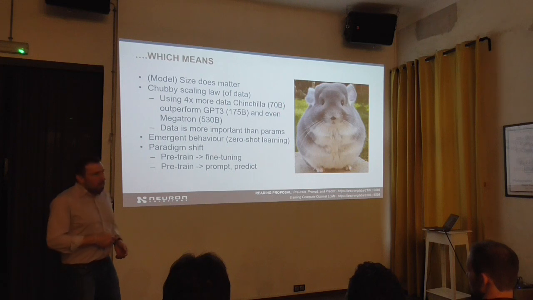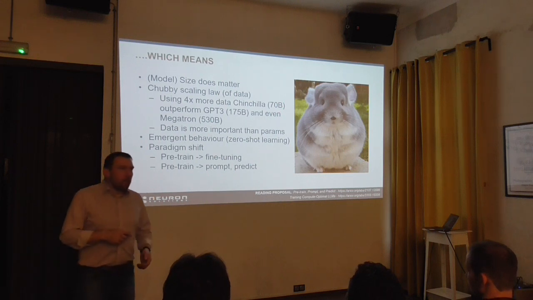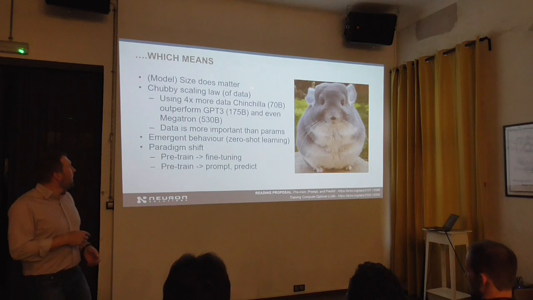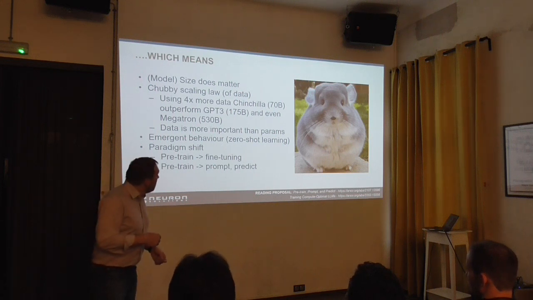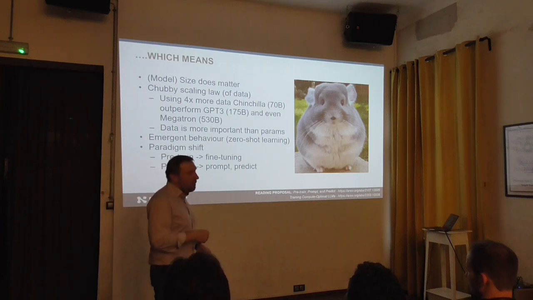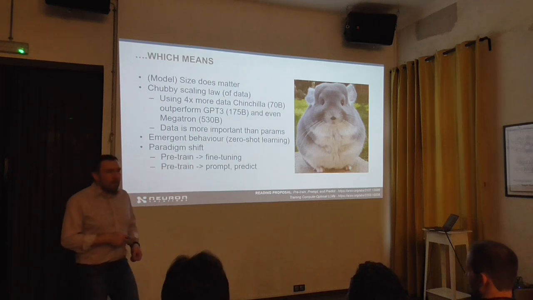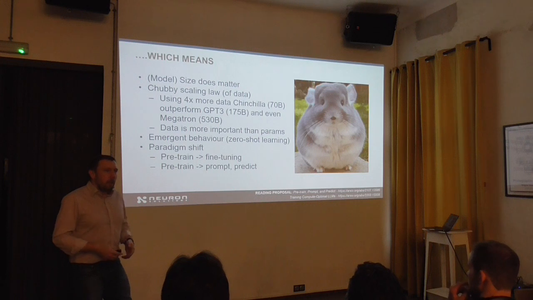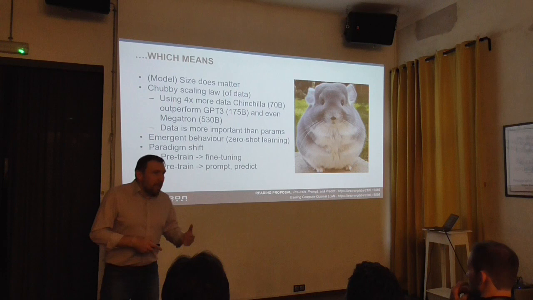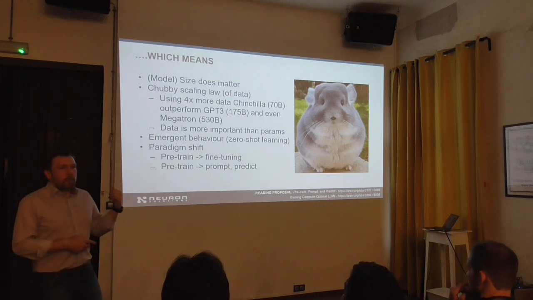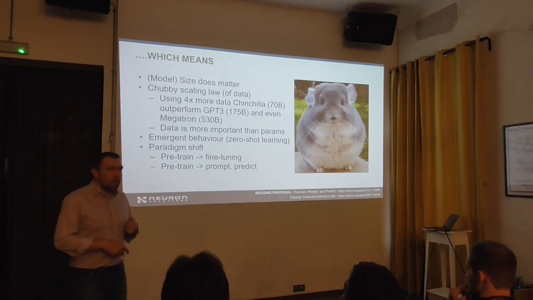And that model, with 4 times more data, could beat GPT, which at that time was GPT-3, with 2, even 2.5 times more parameters. So a much more complex model, a much bigger model, assuming a much more capable model, with less data, does not work so well. So it seems that data is more important than the parameters.